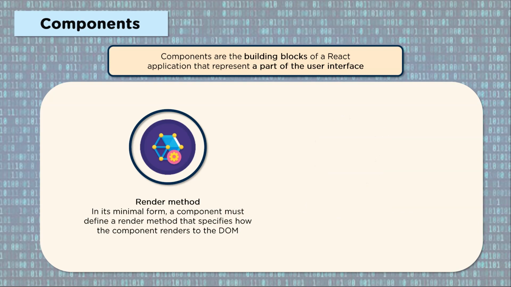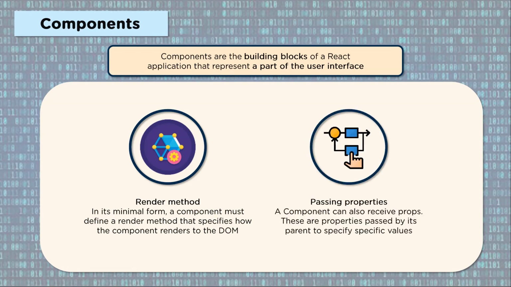The render method is one of the most important, and it is in its minimal form. Basically, a component must define this method, which actually specifies how this component would render onto the DOM tree and ultimately the browser.